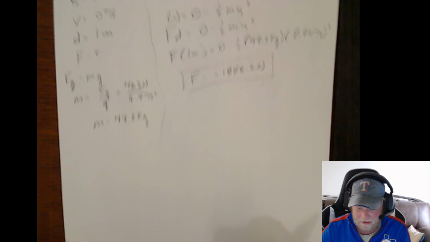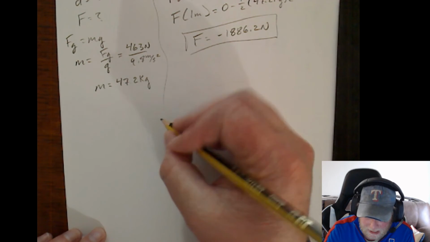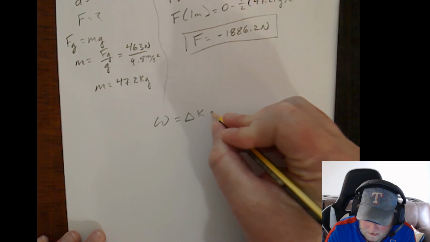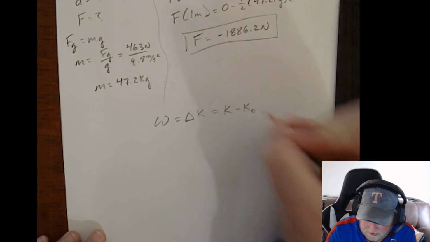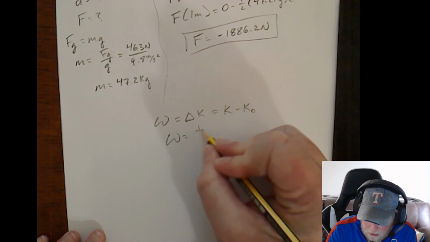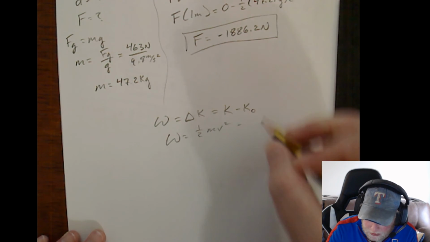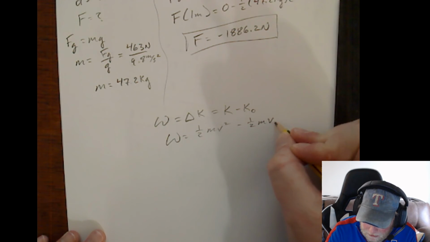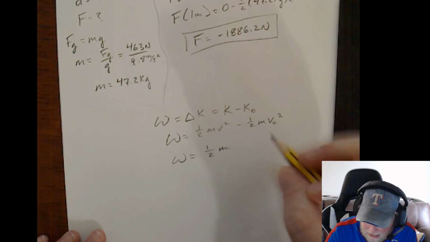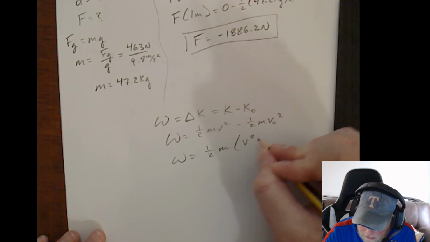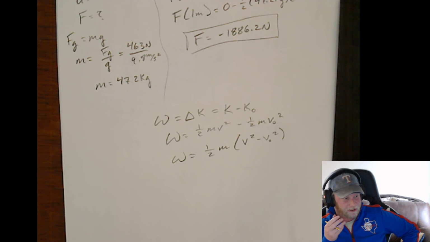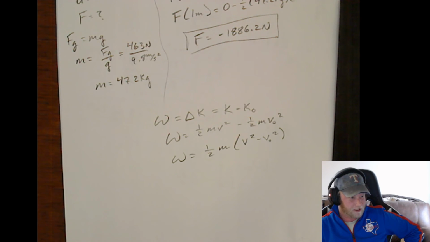Now, you can make your life even easier here by just deriving your equation a little bit. So if we got work as being a change in kinetic energy, and that's equal to your final minus your initial kinetic energy, well, think about what you're looking at. You're looking at 1/2 mass final velocity squared minus 1/2 mass initial velocity squared. So you can always set work equal to 1/2 of the mass times the difference between the square of both of your velocities.